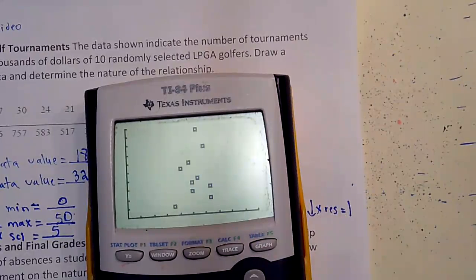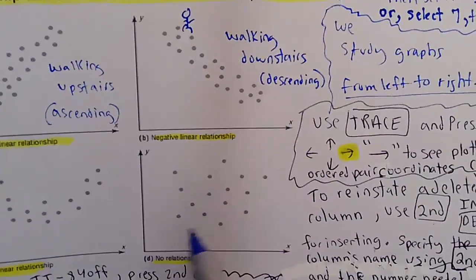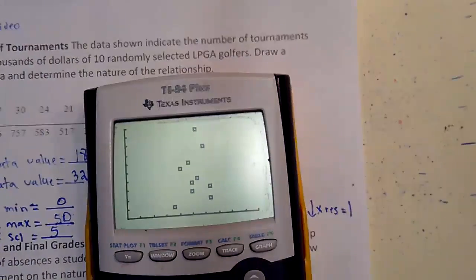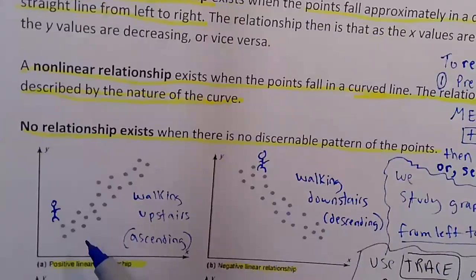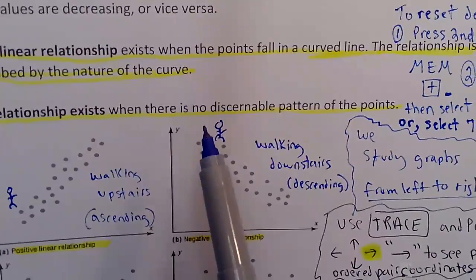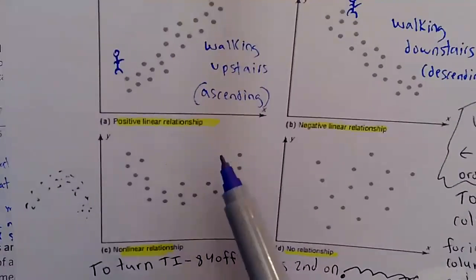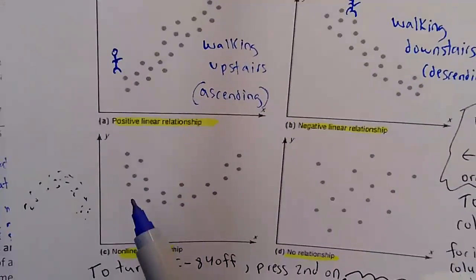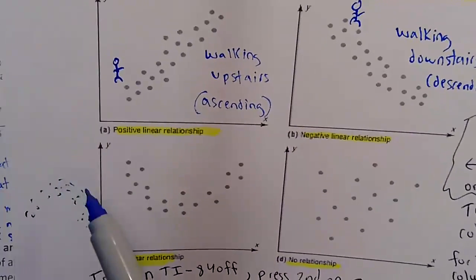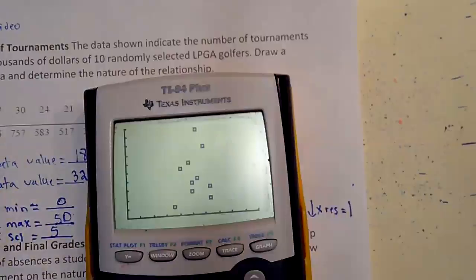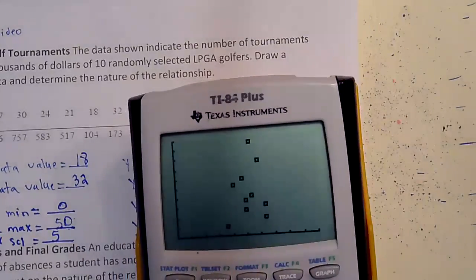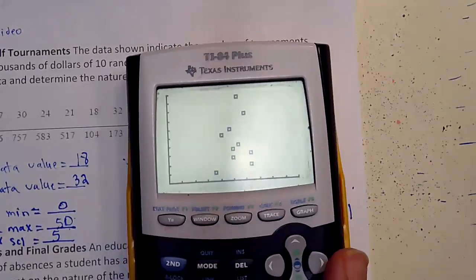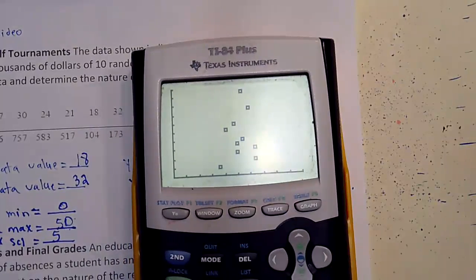And this is an example of one that's supposed to be kind of like this, no relationship. You can't really say that you're walking upstairs or walking downstairs, and it doesn't look like a smile or a rainbow for that matter. These are very rare to appear. So this is an example of no relationship existing, okay?